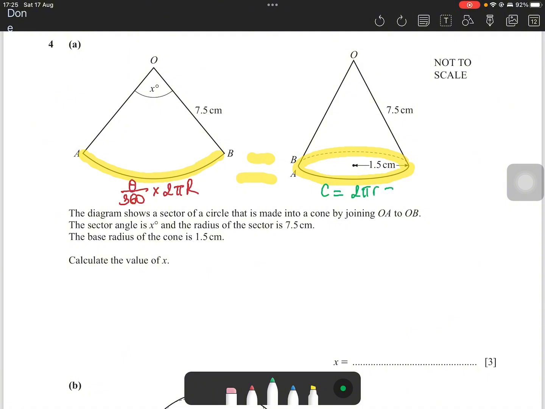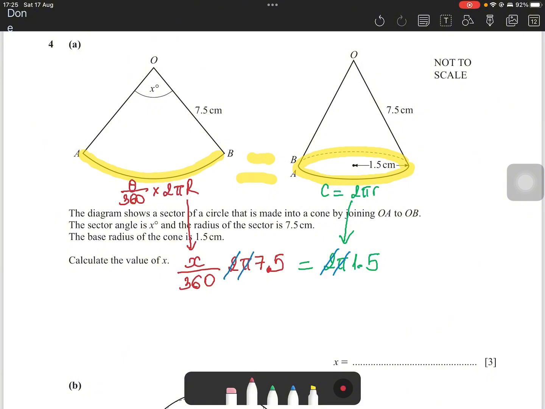In this case, the arc is x over 360 multiplied by 2 pi, the radius is 7.5. And for the base, the circumference is 2 pi, the radius is 1.5. So now we can cancel pi and pi, number 2 and number 2.